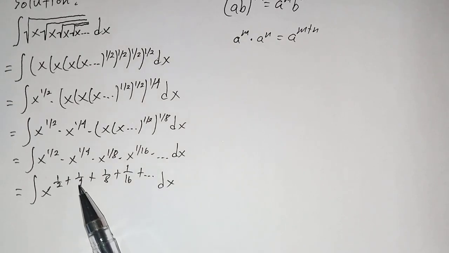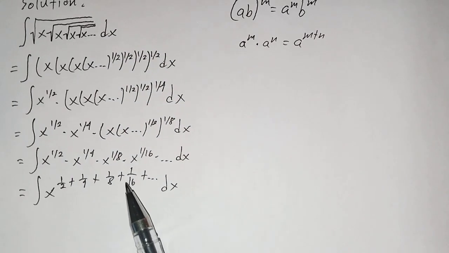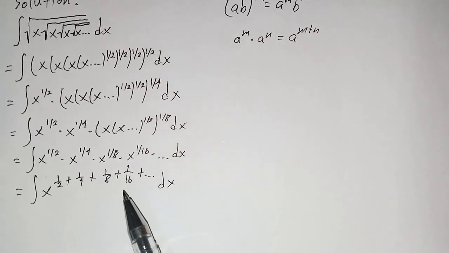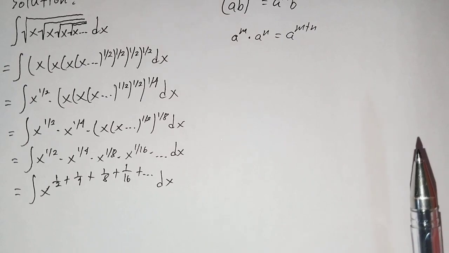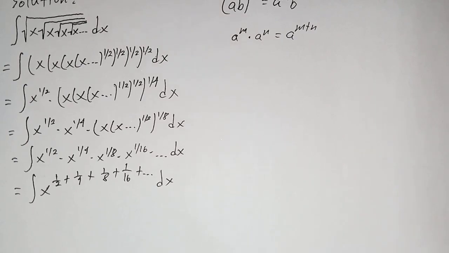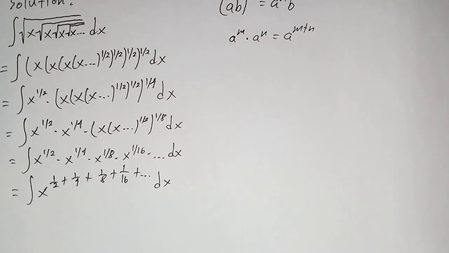Then multiplied by 1/2, it will give us the third term, which is 1/8. Then 1/16, and of course, the next term will be 1/32 by multiplying this by 1/2, and so on and so forth up to infinity. So what we have here is an infinite geometric series with a common ratio of 1/2.